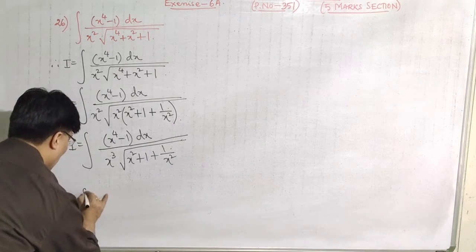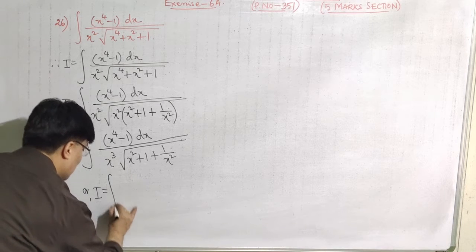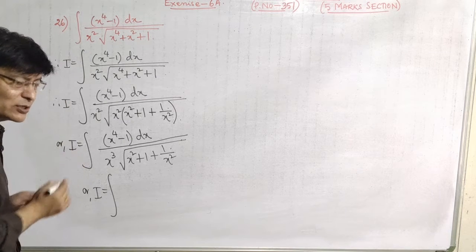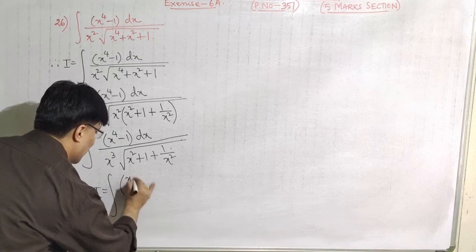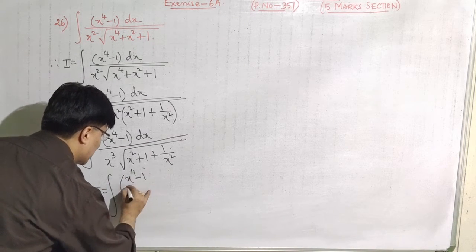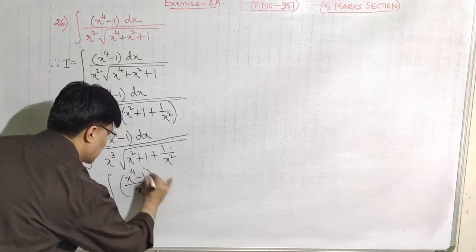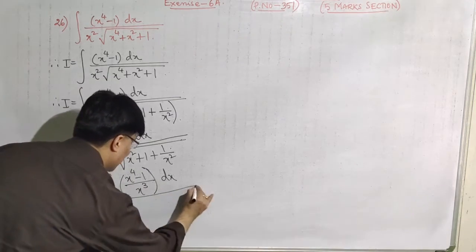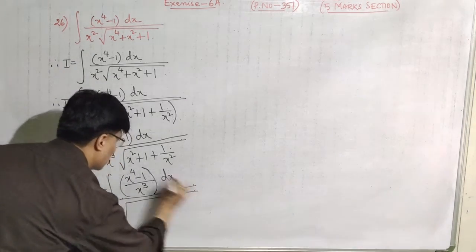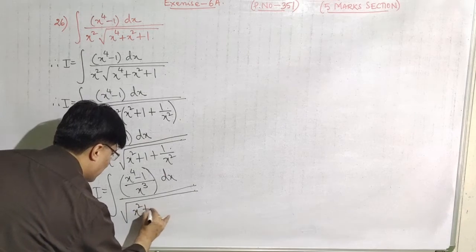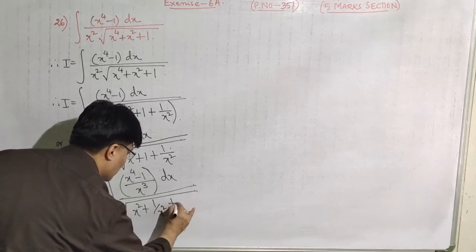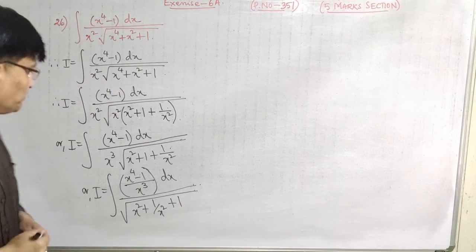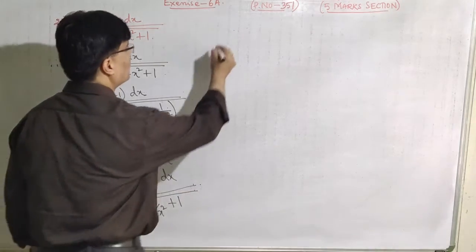Okay. Or I is equal to integral of, x cube we can take up and simplify with the above. That is, you can write it as x to the power 4 minus 1 divided by x cube, then dx. Is that clear? Divided by, within square root, it is x square plus 1 upon x square plus 1. Is that understood now? So let us simplify it further.